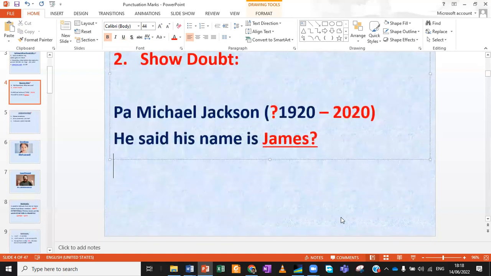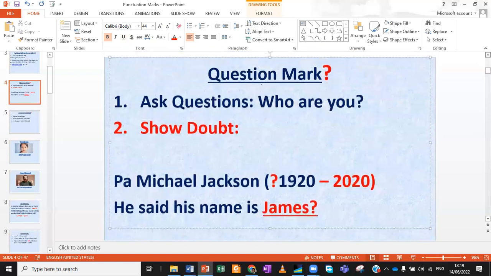Let me say you're a policeman and you arrest a suspect and you ask him his name and he says, my name is James. You now search his pocket and you find an ID card that says John.